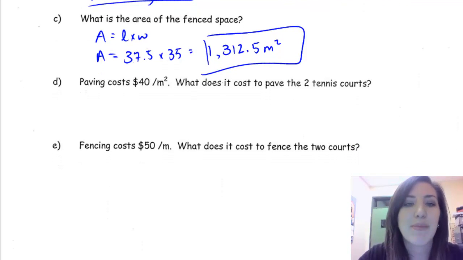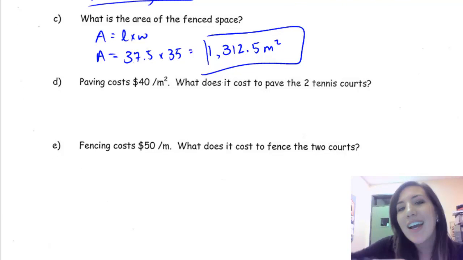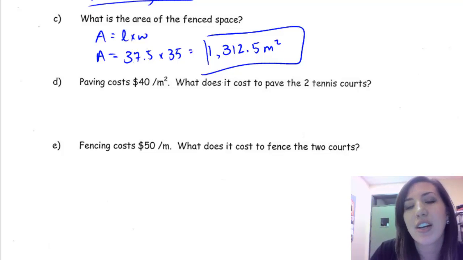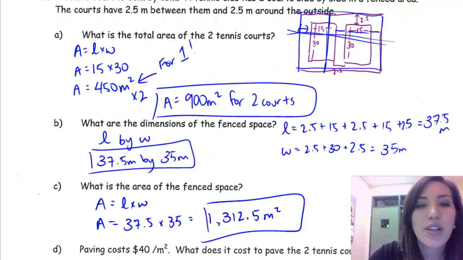So you want to pave your tennis courts a nice new finish on top, and it costs $40 per meter squared. So how much is it going to cost you just to pave the 2 tennis courts? Not all that little bit around it. So we know that the area of the tennis courts is 900 meters squared.